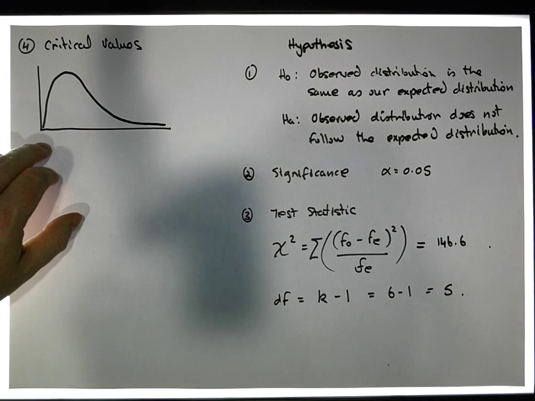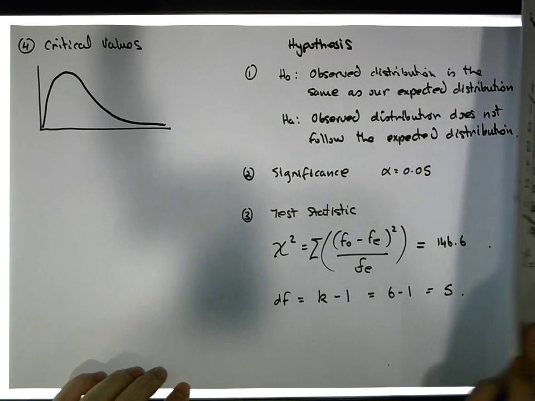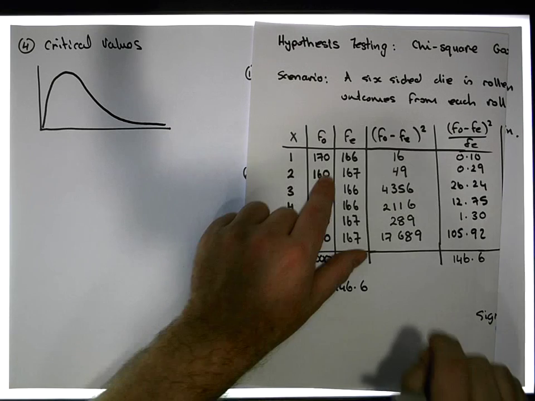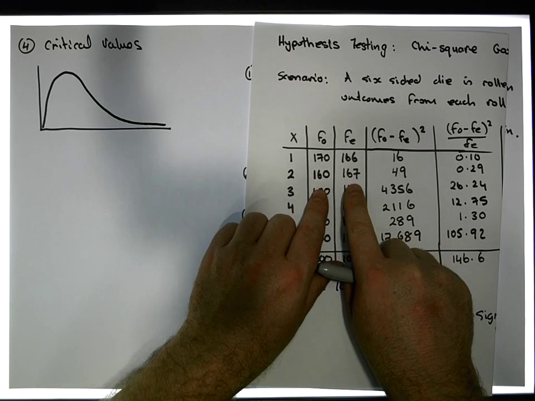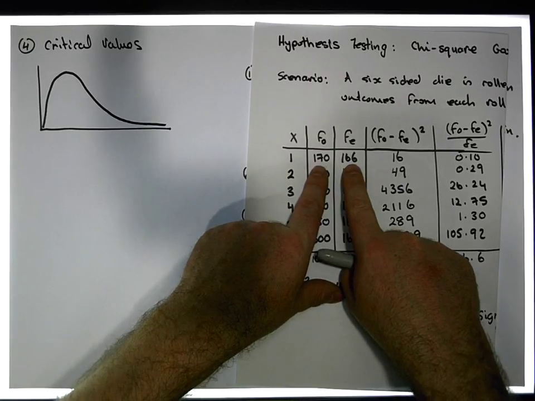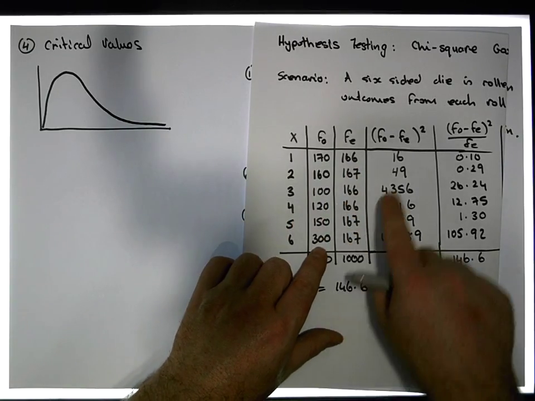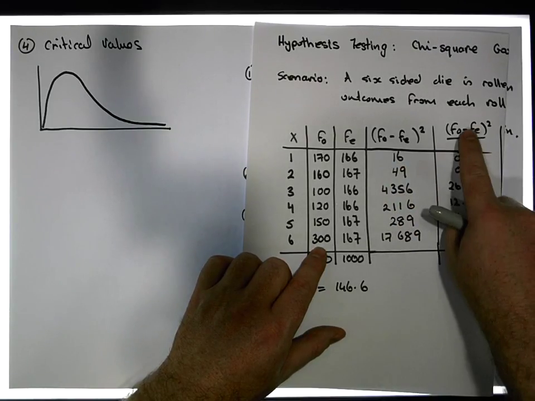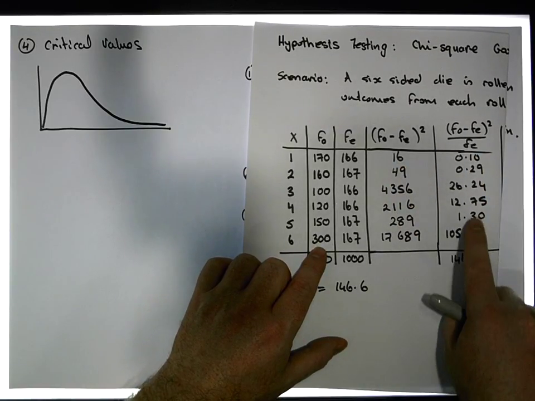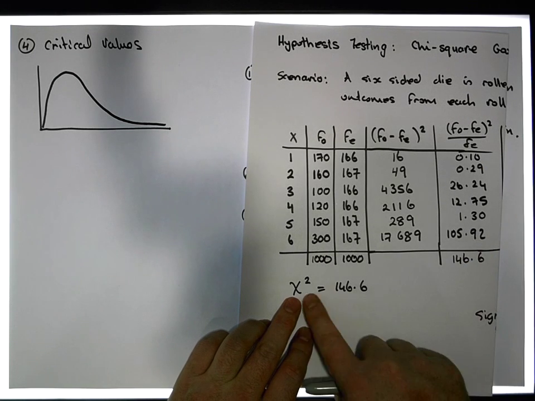Now let's just think about the properties of this particular test statistic. If there was no difference between the observed and the expected, in other words, the observations actually match the expected frequencies, we'd expect all these values here to be 0. In which case we'd expect the ratios to be 0, and when we sum up these ratios, we'd expect the test statistic to come out to 0.